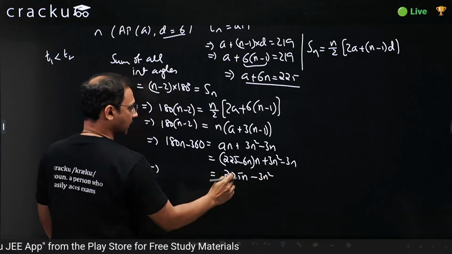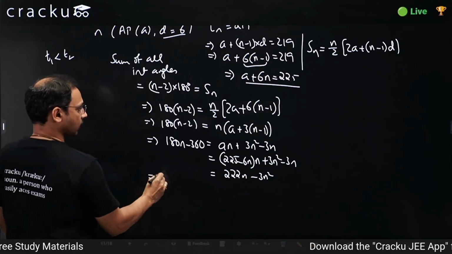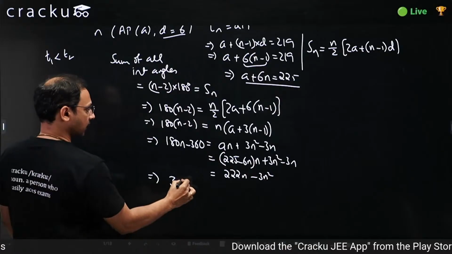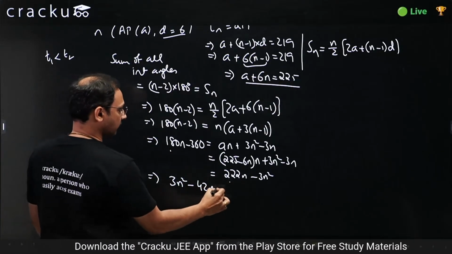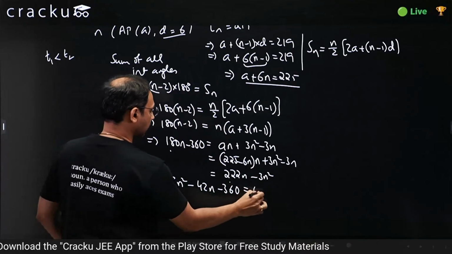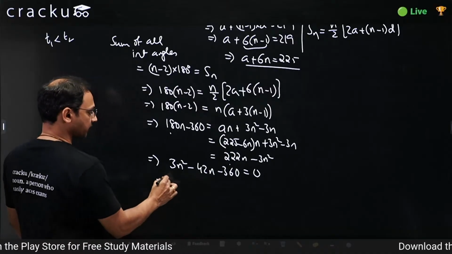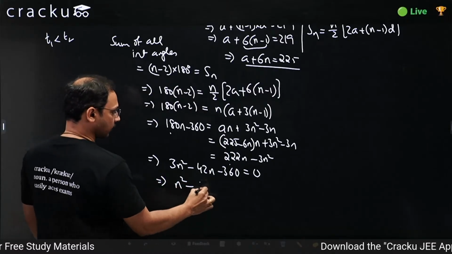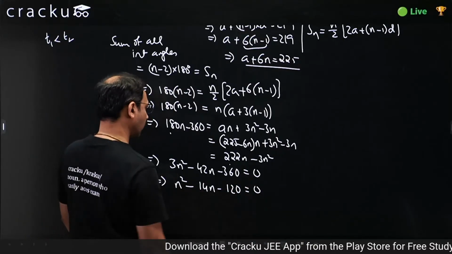This minus 3n will come here and it will become 222n. So if I simplify this, I get 3n square, 180 minus 222 will be minus 42n, minus 360 is equal to 0. I see a 3 common factor. Let us cancel it. n square minus 14n minus 120 is equal to 0.